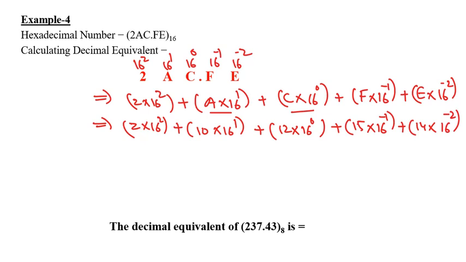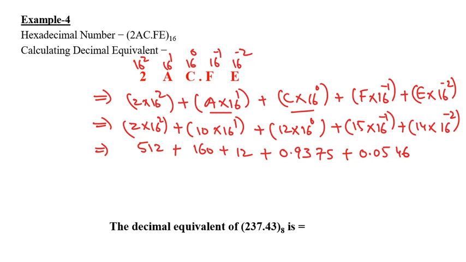So now I will go for the multiplication. It gives me 2 into 16 square is 512 plus 10 into 16, that is 160, plus 12 into 16 power 0, that is 12, plus 15 into 16 power minus 1, that is nothing but 15 by 16, that gives you 0.9375 plus 14 into 16 power minus 2, that is 14 by 16 square, that is equal to 0.0546.